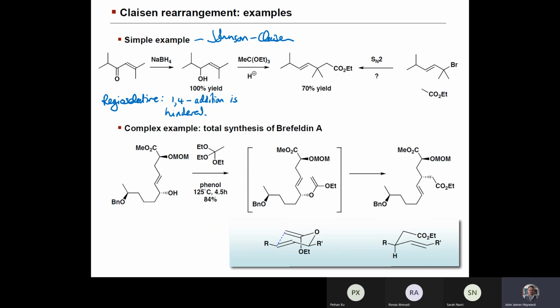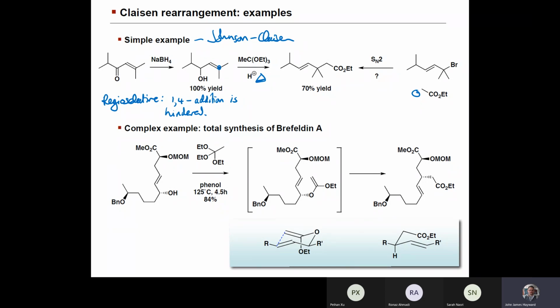Then we react with the orthoester like we did before, and you heat it up, and we get this chain extension to generate this ester, but we get the ester added onto this carbon, which is, of course, the more hindered one. We could not do that through an SN2 reaction. We couldn't take ethyl acetate here, try and make this molecule at the top, and try and do an SN2 there.